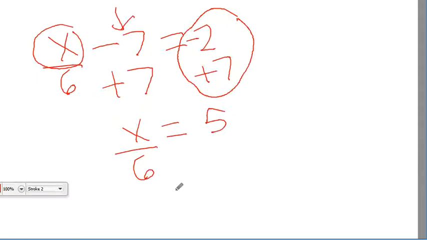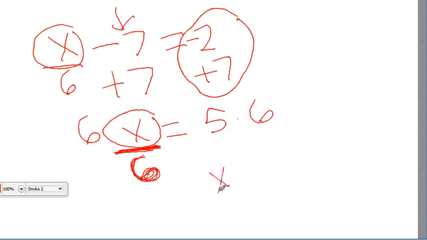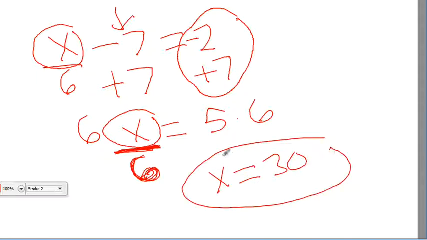And then from here, we have one last step to get this x all by itself, and that is to get rid of our divided by 6. The opposite of dividing by 6 is going to be multiplying by 6. If we multiply the left side by 6, we have to multiply the right side by 6. So that gives us x equals 30.